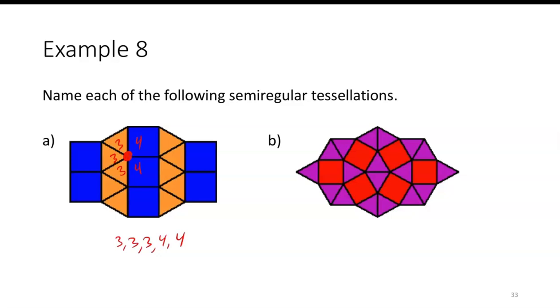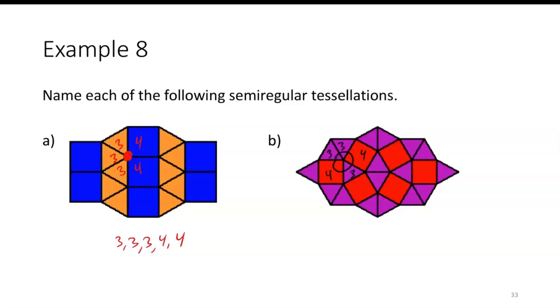The one on the right is also made up of squares and triangles. I better use a different color. If I go around, I have 3 sides, 3 sides, 4 sides, 3 sides, 4 sides.